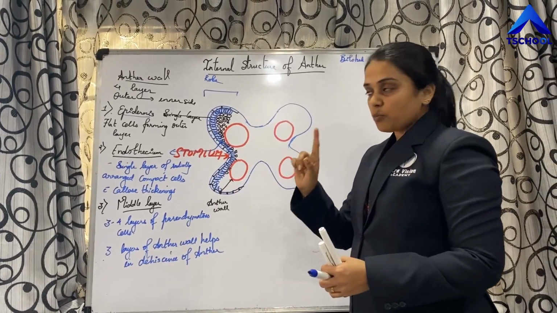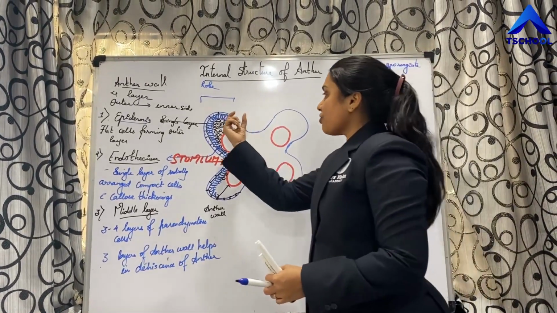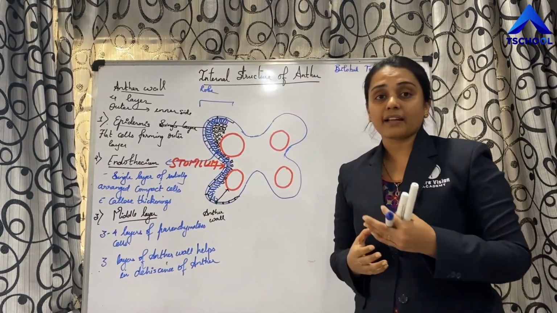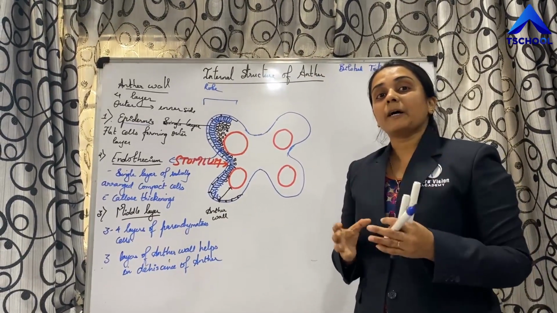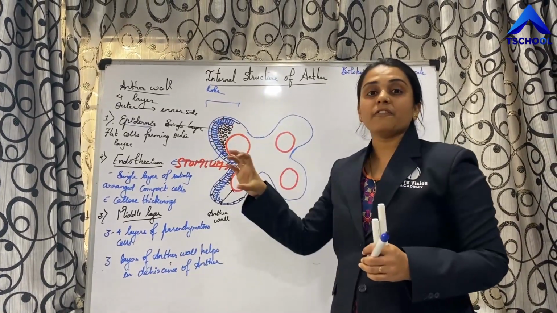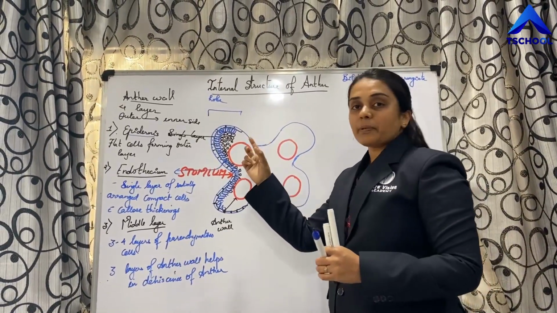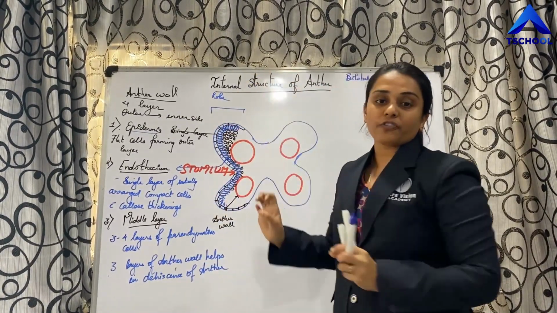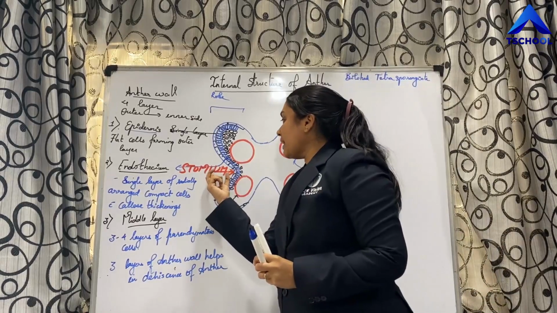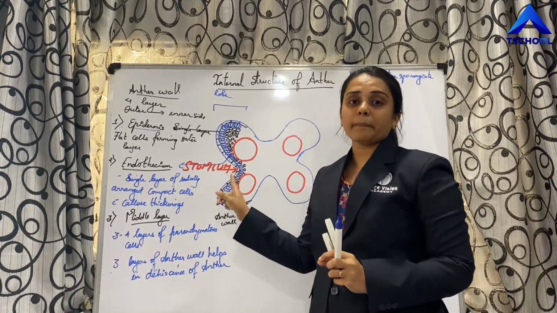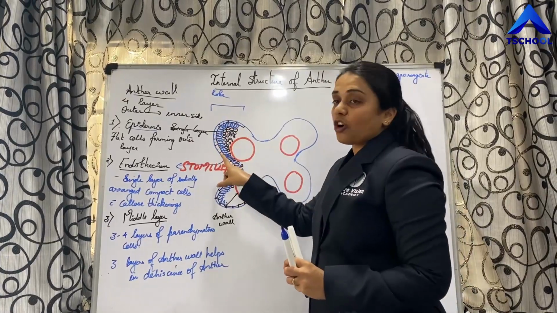We have to study one more layer of the anther wall. As and when the anther matures, these 3 layers will become fibrous, all along the length of the anther wall except at the place of the stomium. Stomium is the place where it will not become fibrous.